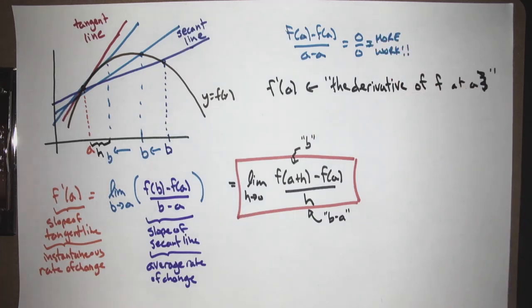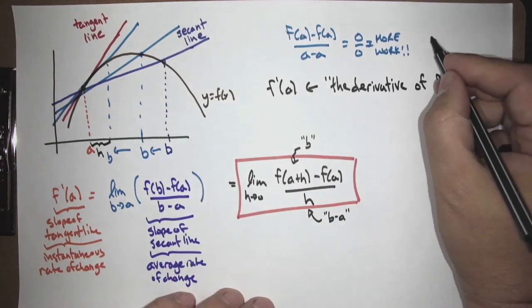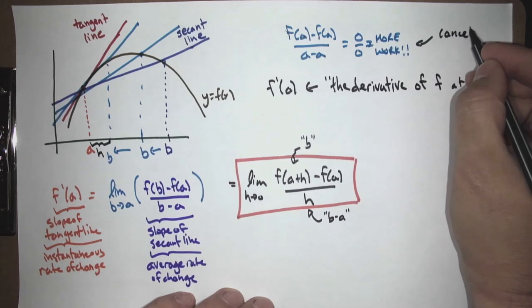What does that more work usually look like? When you get 0 over 0, it's like, okay, I've got to do more work. What's the work? Yeah, right. So the more work is you're trying to get cancellation.